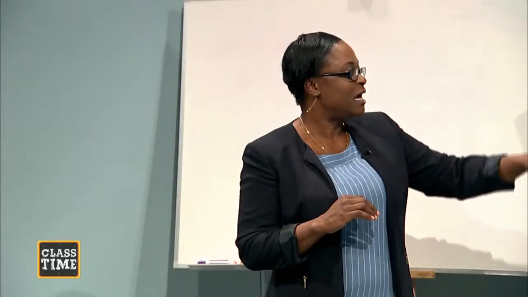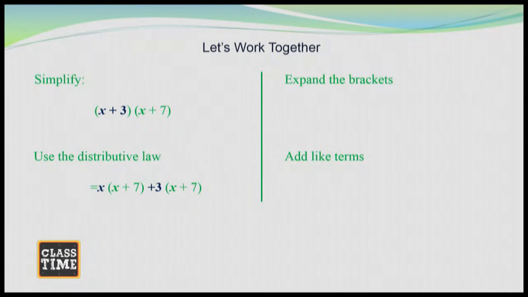We'll distribute the x in the first bracket acting upon the x in the second bracket, and the 3 in the first bracket acting upon all the terms in the second bracket. That's where we're distributing the first bracket over the second bracket. When we expand the brackets, we get x squared added to 7x, added to 3x, added to 21. I'm looking at it and I'm seeing the like terms. Now, young people, whenever you're multiplying binomials, you have to be looking out for like terms.